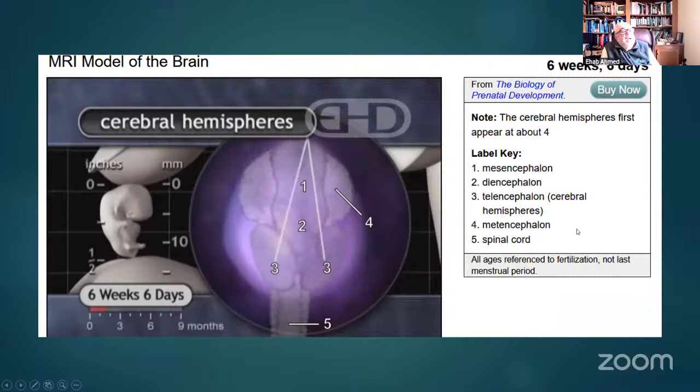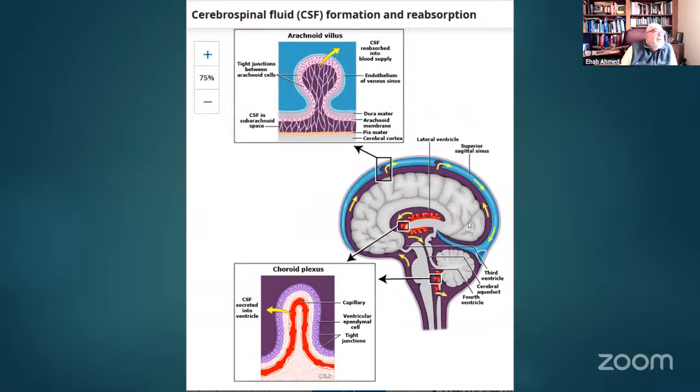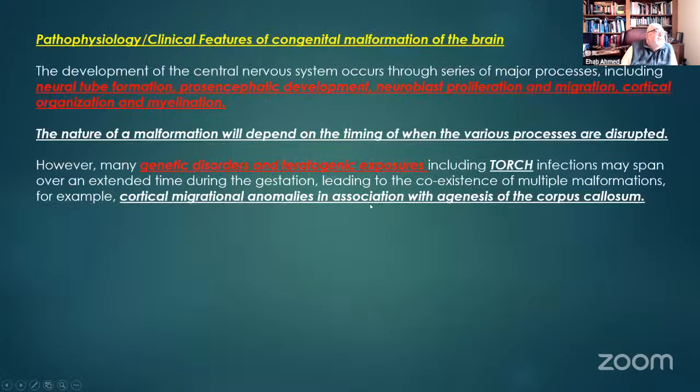That's why among the malformations of the brain, there are migration disorders, disorders of migration of the neurons. Okay, and this is how the CSF is formed.